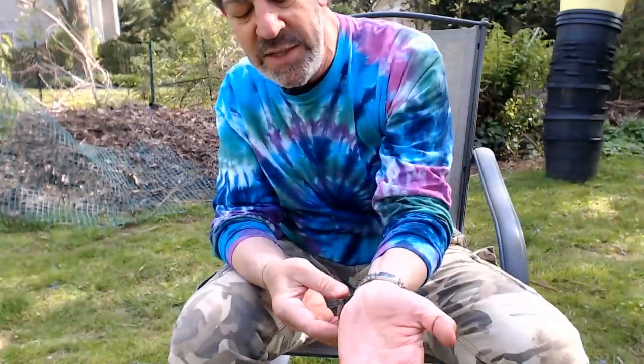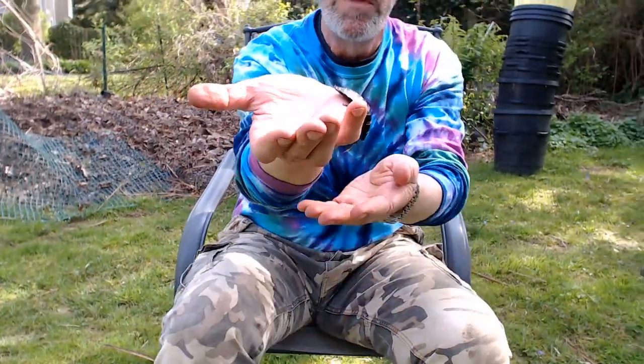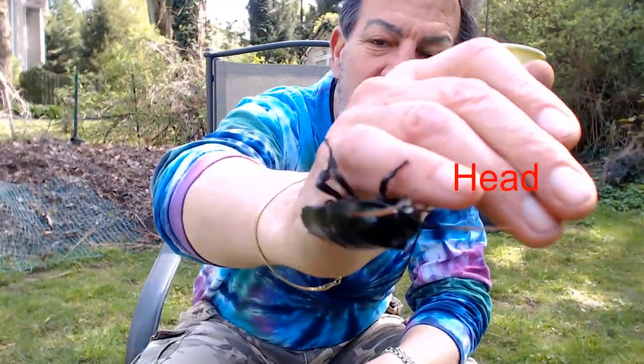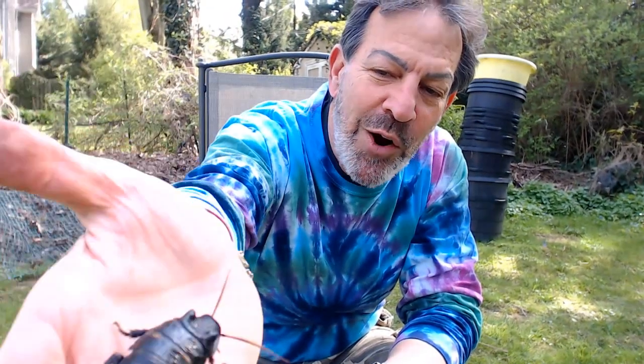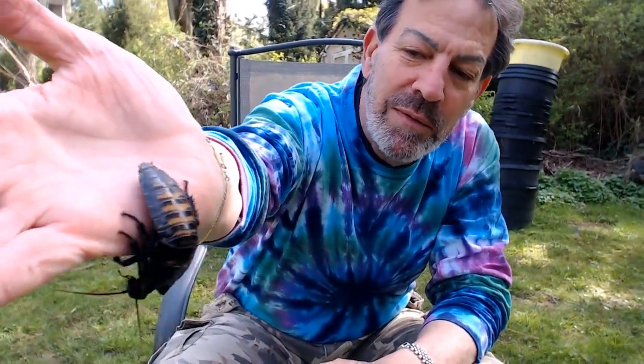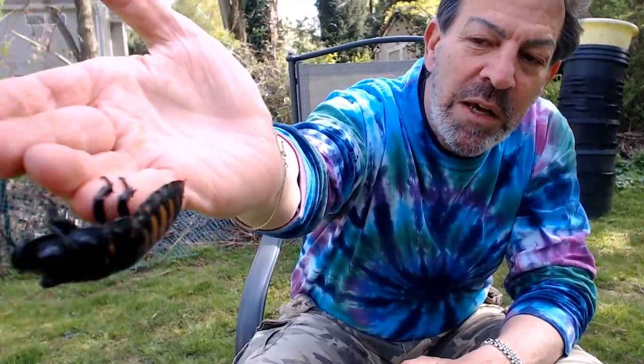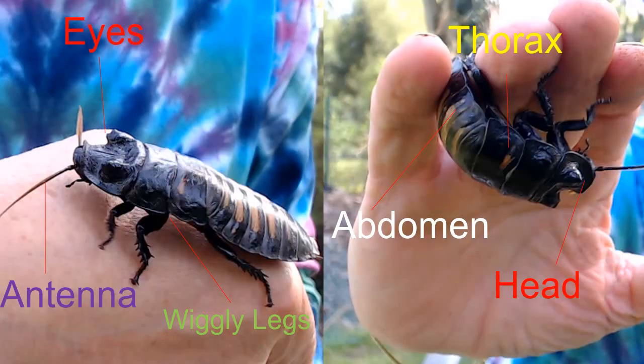And this is an amazing insect because you can see up close, if it'll stop moving, it has a head, a thorax, and an abdomen. These insects don't bite, but they are pretty scary looking. So this is a hissing cockroach, and it's just checking out my hand as it moves around. I like to bring these to my classroom so the children can hold them and feel them because it's quite an experience.